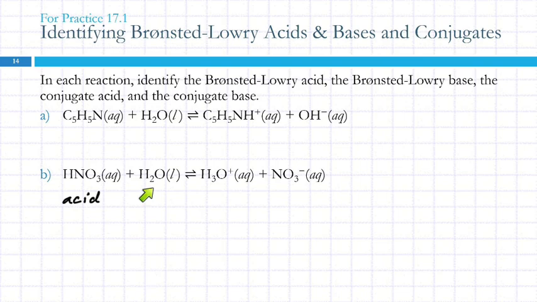And then the H2O must be the base. So on the other side of the arrow, HNO3 has become NO3-. It was an acid, so now it is a base. This is the conjugate base of HNO3.